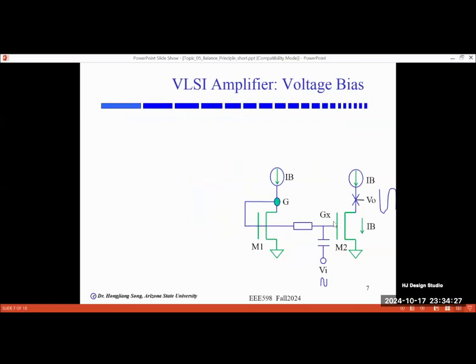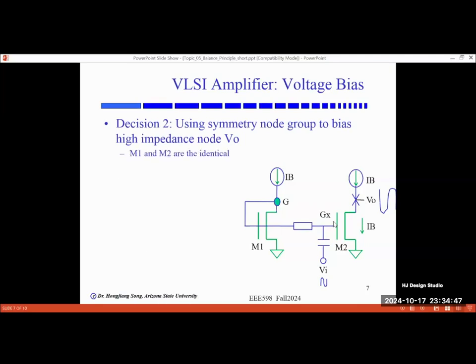In the second design thought, how can we ensure the driver NMOS device is always biased in saturation? In this case, we are going to use something we call symmetric node group for high impedance node layout. By doing this, we're using identical devices M1 and M2 and the same biasing current for these two devices, even though in this case Vout and VG are PVT sensitive.